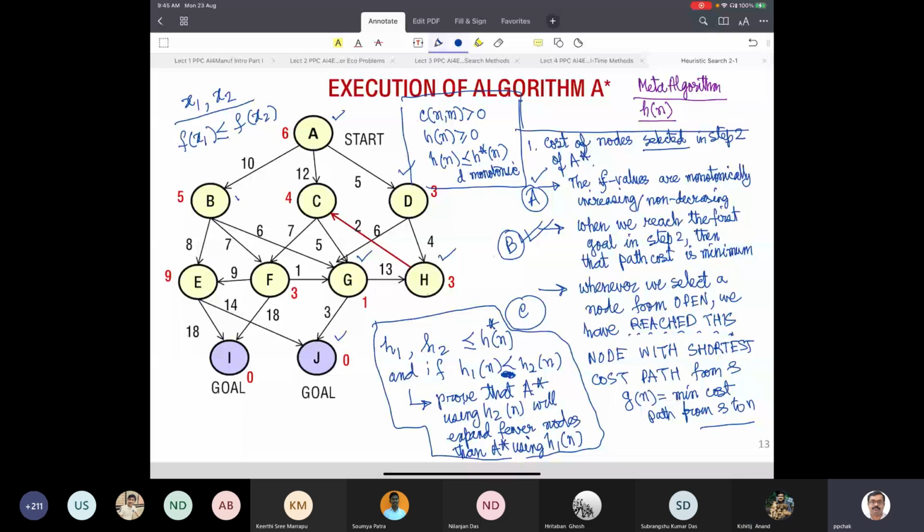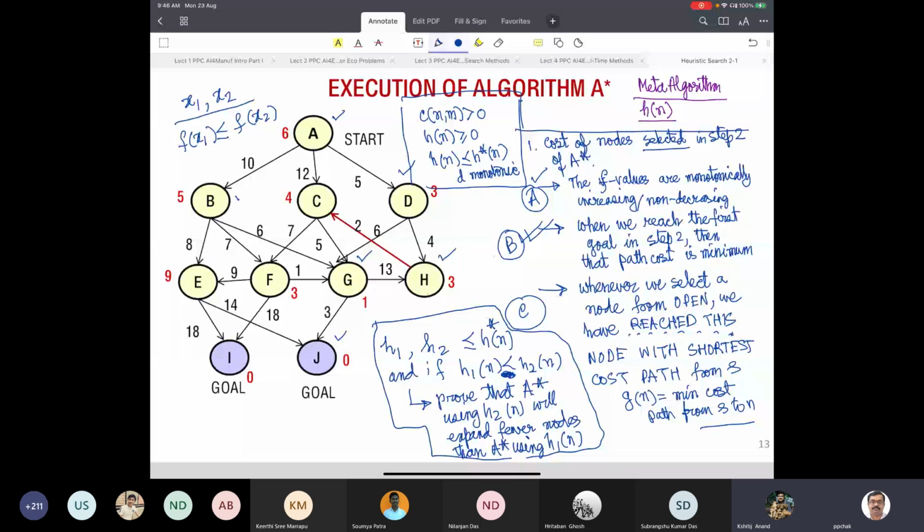In the next iteration, i plus 1, I selected another node x2. At that time, x1 was the minimum node in open. Then in the next iteration, this node x2 is the minimum node in open. And I'm saying that f(x2) will be greater than or equal to f(x1).